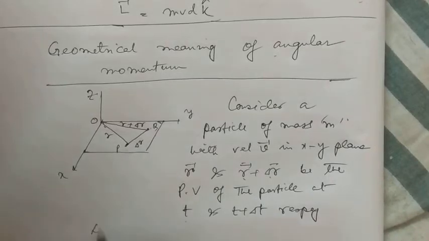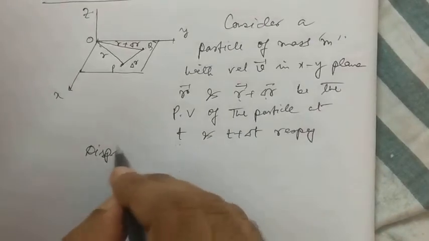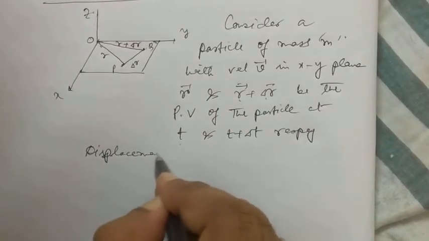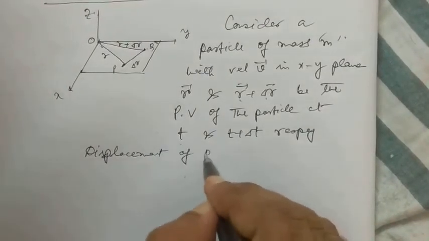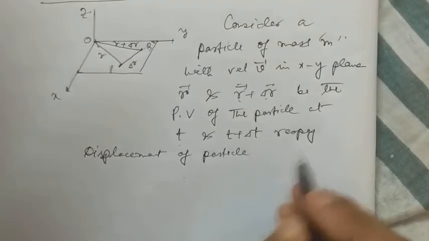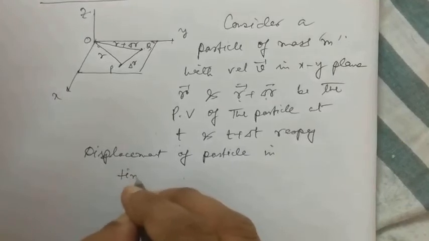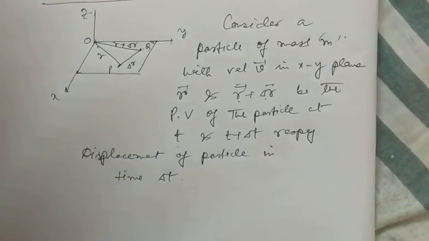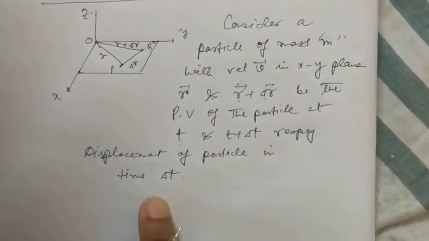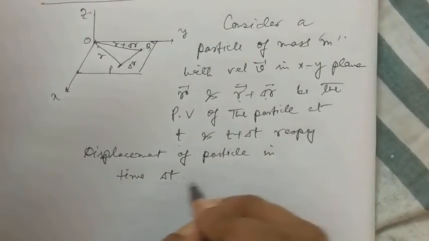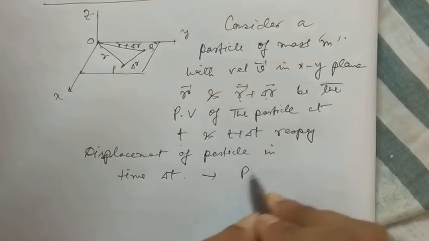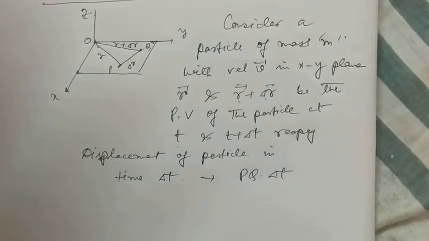So the displacement of the particle in time delta t, a change of time between t and t plus delta t, is PQ.